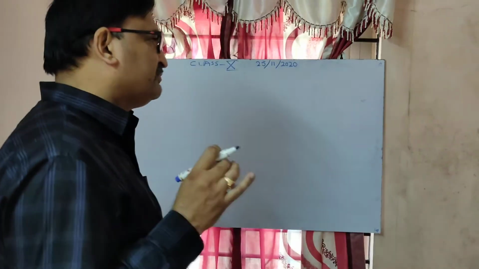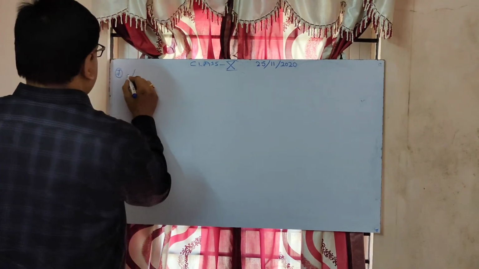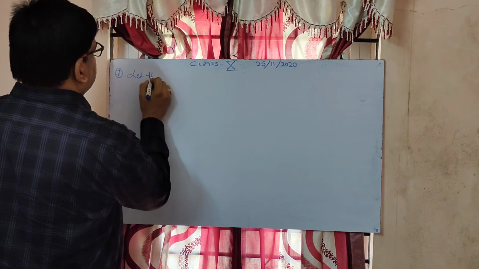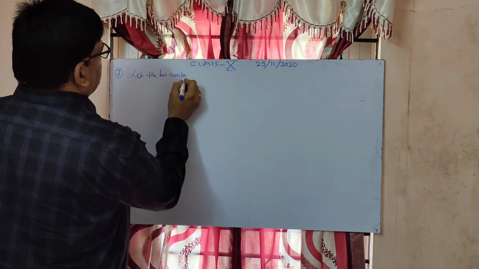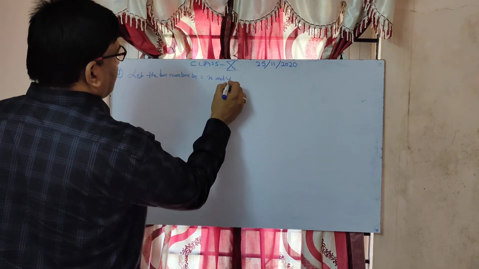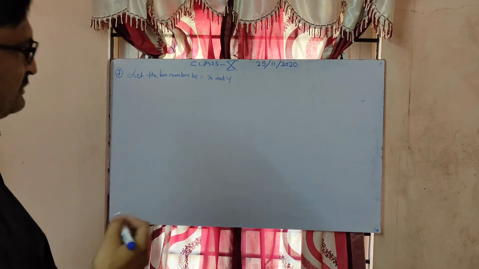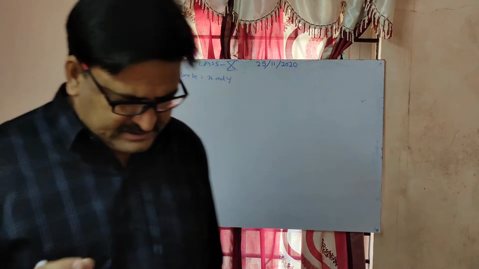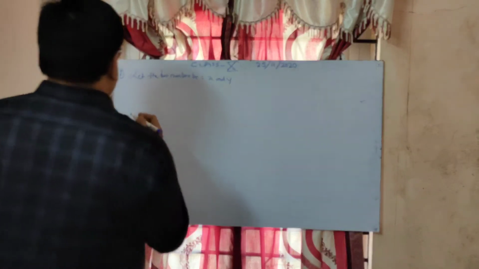The difference of squares. So there are two numbers. So let the two numbers be x and y. Now, what is according to the statement? The difference of squares. First of all, squares.